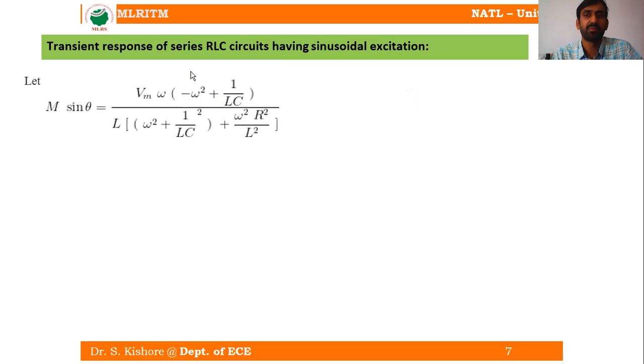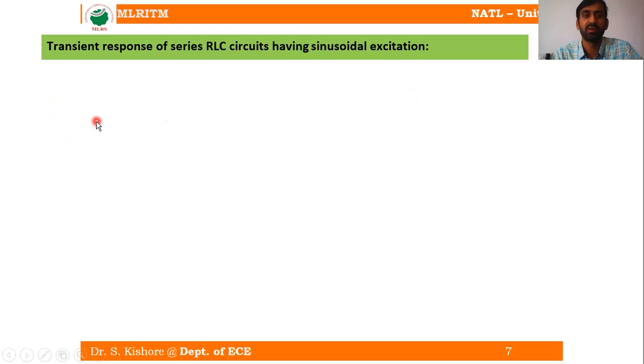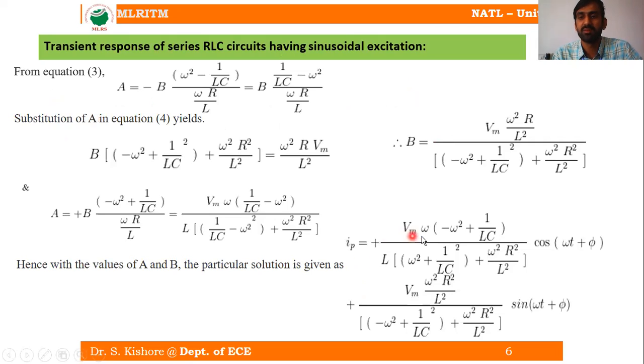for simplification purpose, m sin theta is equal to, in this previous expression, this one. Let us consider this as your m sin theta and this term as your m cos theta.